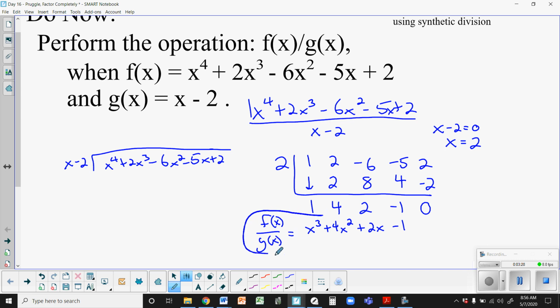But we also need to say one more thing, and that is something that you've learned in the past, that if you're dividing by something, we can't divide by 0. So we have to say that this is true, but x cannot equal 2. Because if x equals 2, then we know that that would be a 0 in the denominator when we originally divided these two things.